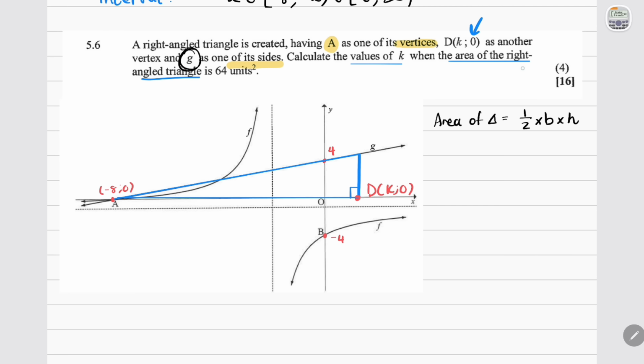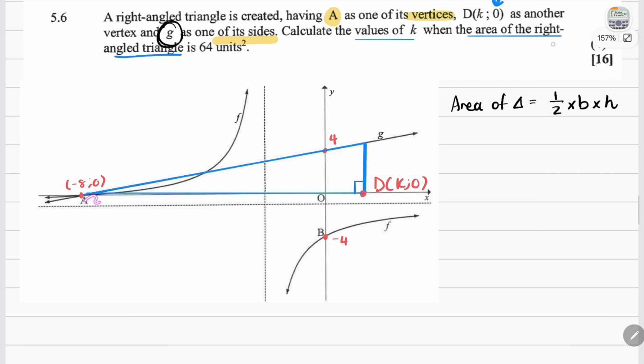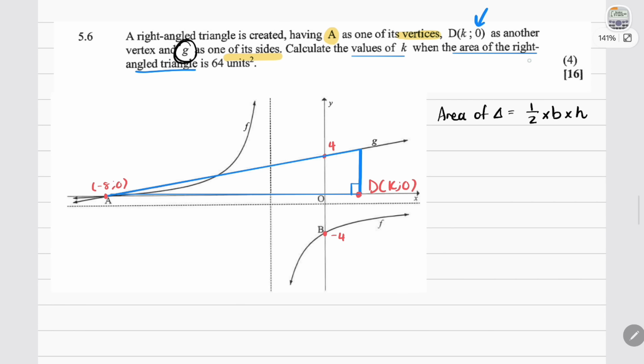Looking at this triangle, the base is going to go from -8 all the way to k. To find the length of this base, AD, technically that's what it's going to be called, we would simply say the higher x value minus the lower x value.